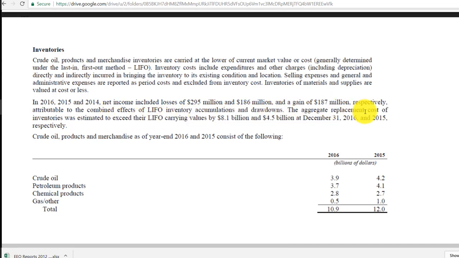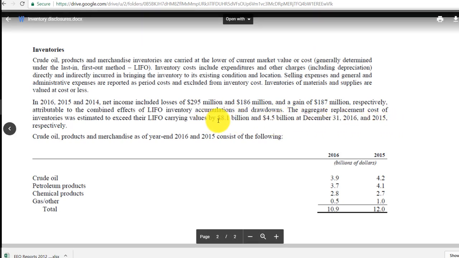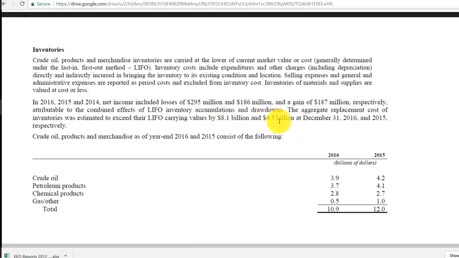So replacement cost is another way of saying FIFO, because it is the most recent things that are in your inventory, the ones you just replaced. And the old stuff is what you sold, or that's the assumption. Will exceed their LIFO carrying values by 8.1 billion and 4.5 billion on those two dates. So their LIFO reserve for 2016 was 8.1 billion and for 2015 was 4.5 billion.